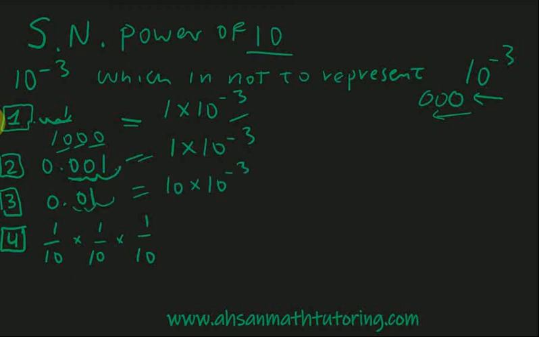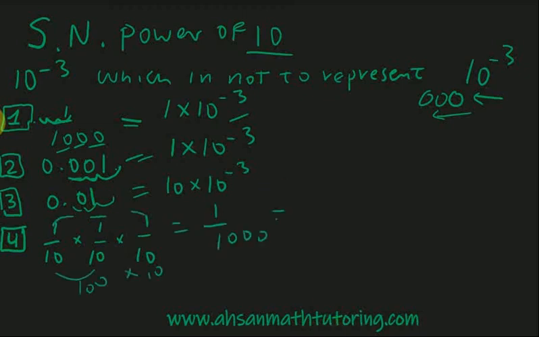The next one, what do we have? Your decimal here is 1, 2, 3, so that is 10 times 10 to the negative 3. That's what this is equal to.